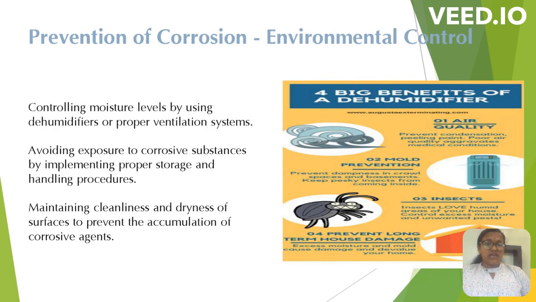The next method is environmental control: controlling the moisture by using dehumidifiers or ventilation systems. Avoiding exposure to corrosive substances by implementing proper storage and handling procedures, and also by maintaining cleanliness and dryness of the surfaces to prevent the accumulation of corrosive agents.